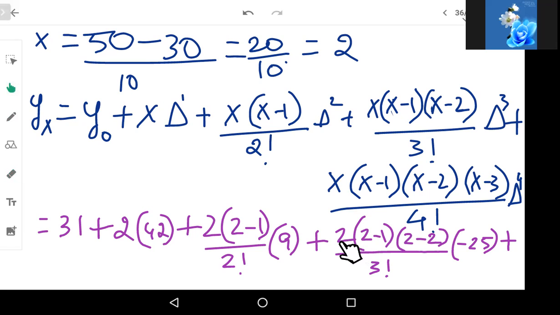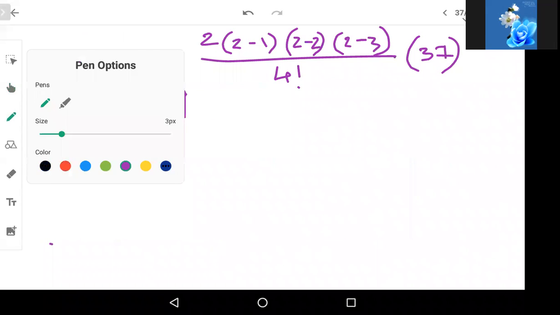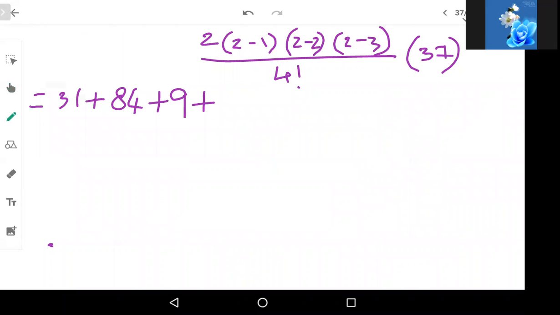Now if you see here, 2 into 2 minus 1 is 1, so 2 ones are 2. Then 2 minus 2 is 0. So 0 into anything, or 0 divided by any number, everything is 0 only. So this complete expression changes to 0 plus 0.